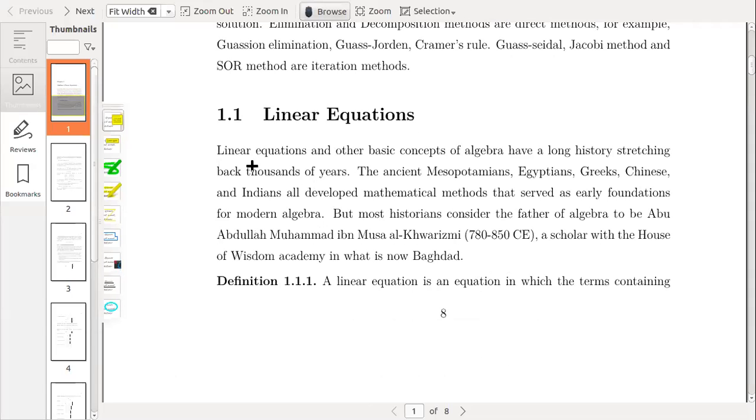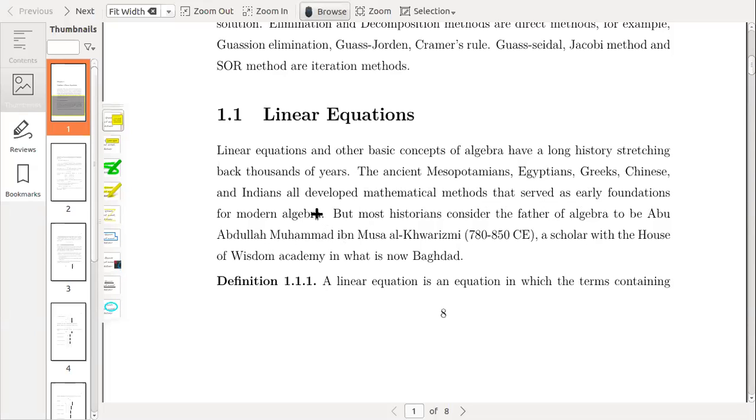And for linear equations, what we say is that linear equations and other basic concepts of algebra have a long history stretching back thousands of years. The ancient Mesopotamians, Egyptians, Greeks, Chinese, and Indians all developed mathematical methods that served as early foundations of modern algebra.